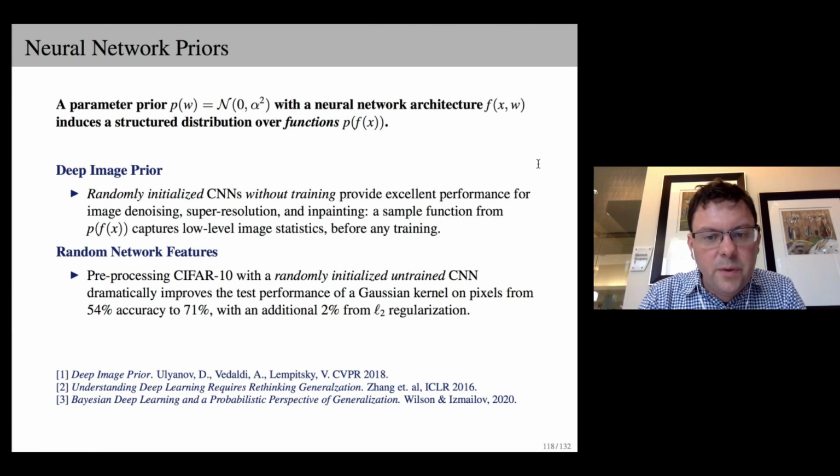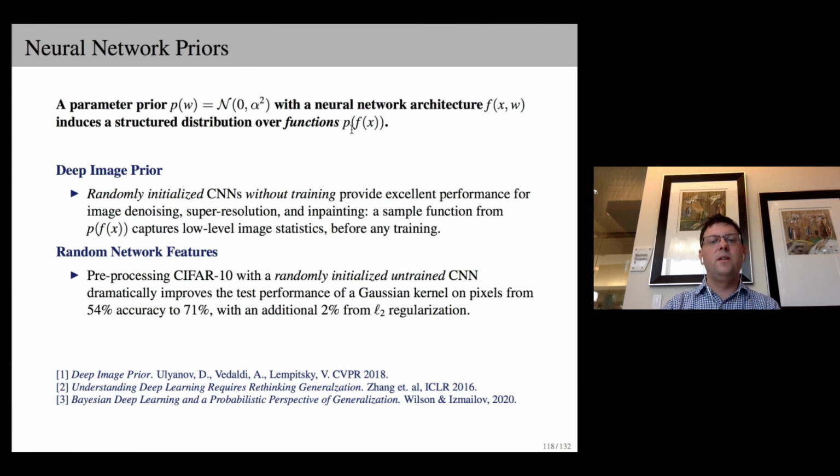On rethinking generalization shows that if we pre-process CIFAR-10 with a randomly initialized untrained CNN, we get dramatically improved test performance when we're using a Gaussian kernel directly on pixels. So it goes from 54% accuracy to 71% accuracy. And then we just get another 2% from L2 regularization, which would be like tuning this alpha parameter.